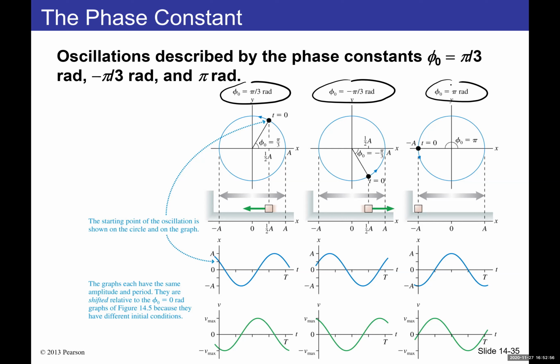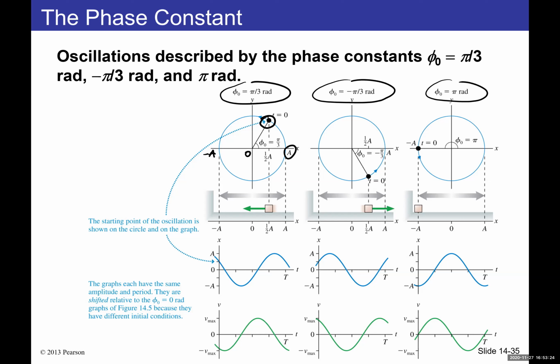And it is easier to see from here, using the circular motion, that pi over 3 or 3 pi over 3 basically depend on which direction the particle is moving when we start the timer. For example, if I take this to be my initial starting point when I start the timer, remember, this is A, this is 0, this is negative A.